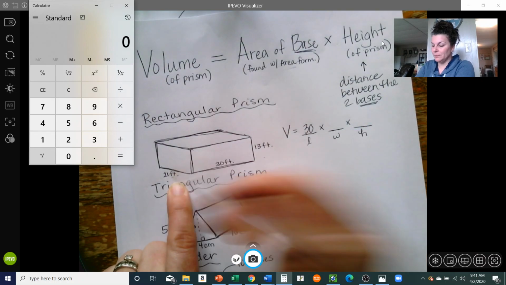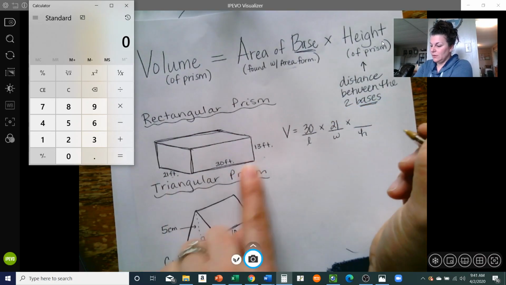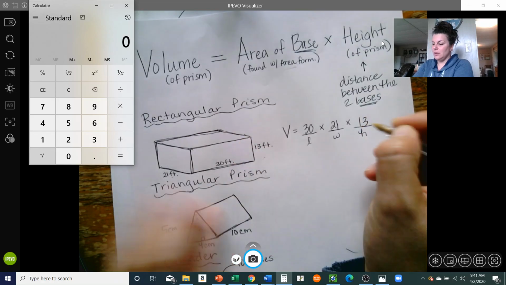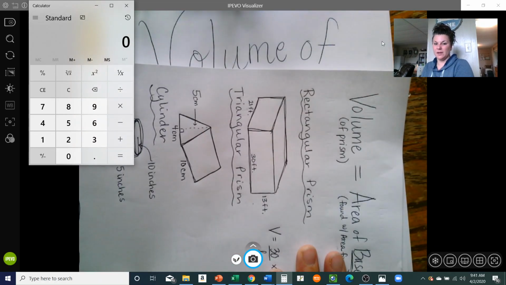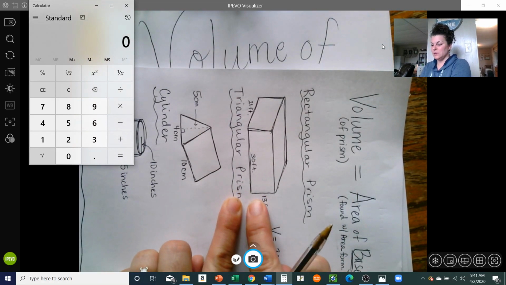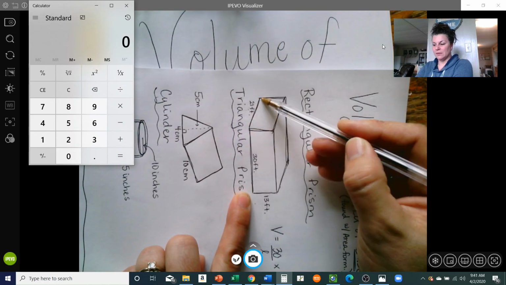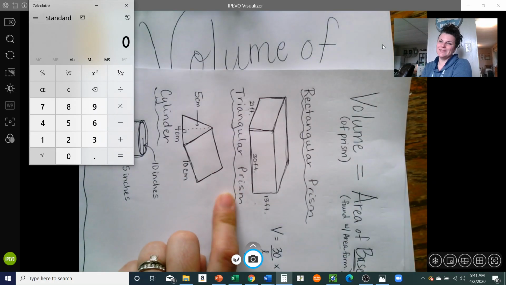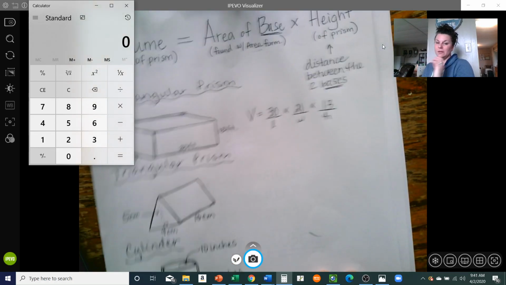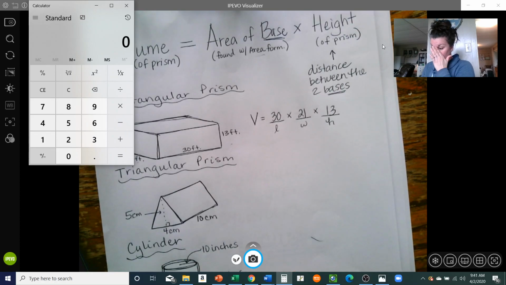My width is 21 and my height is 13. But if this box were turned this way, I could look at it differently and say that it was 13 wide, that my length is 21 and my height is 30. It doesn't matter because we're just multiplying. The order doesn't matter when we multiply, remember?